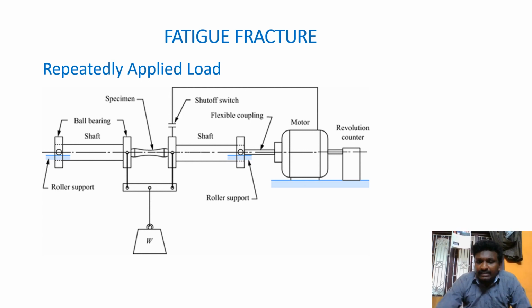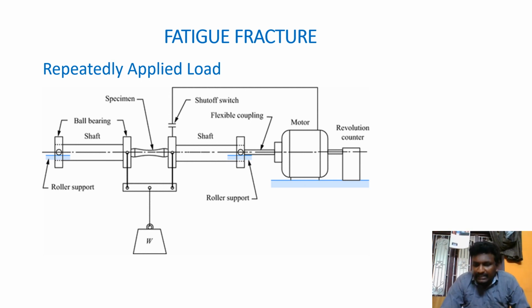Next fracture is called fatigue fracture. Fatigue fracture is nothing but repeatedly applied load. Fatigue means repeatedly applied load. For an example, you bought a chair. When you are sitting in the chair, the load is on it.